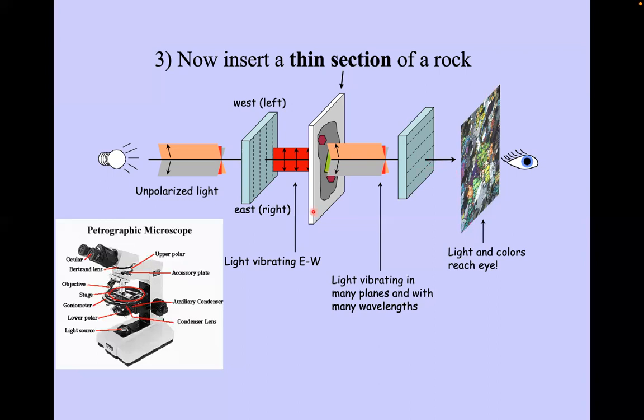You have to remove this upper polarizer to see the actual color of the mineral. The actual color is visible only after the first polarizer. After the first polarizer, the light reaches the mineral, and then through the objective, and you see it under the eyepiece. That is the color of the mineral. You only see the real color of the mineral at this point.